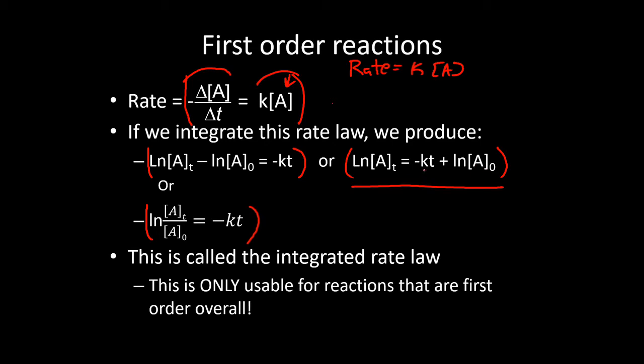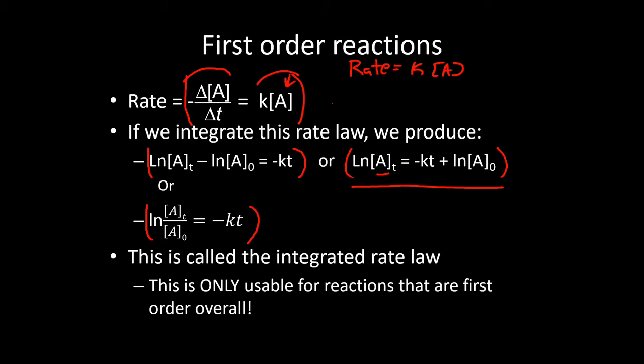If you know the rate constant, you could determine the concentration of compound A at every single point along the reaction. You could find the concentration at 1 second, at 2 seconds, at 3 seconds, at 155.56785 seconds. It is very, very useful.